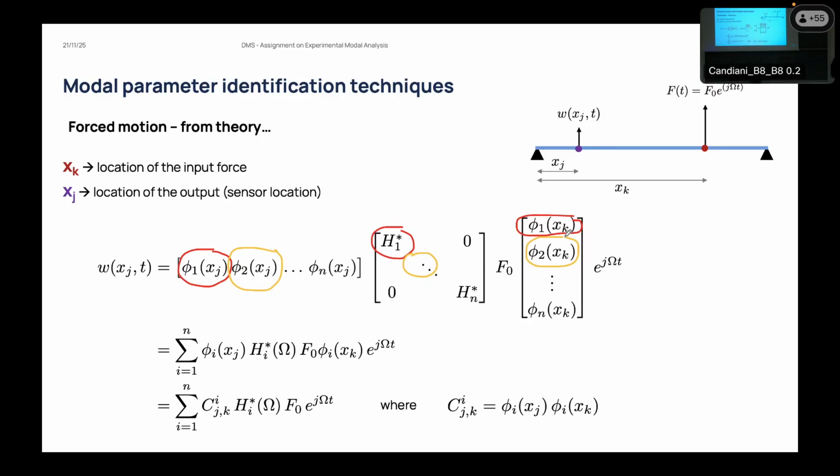Why is it important to highlight this coefficient? Because this coefficient will depend on the location of the input and the output. And this will be the only term that will be sensitive to the location of the input and the output. Because instead, H star i just depends on the mode you are looking at.